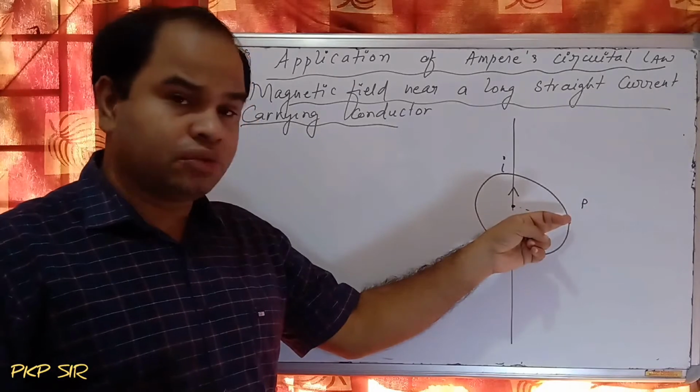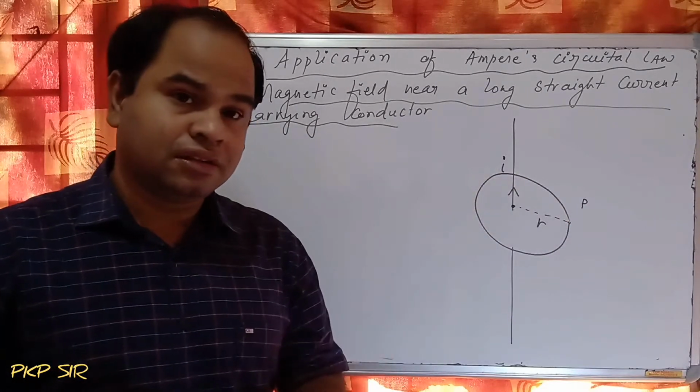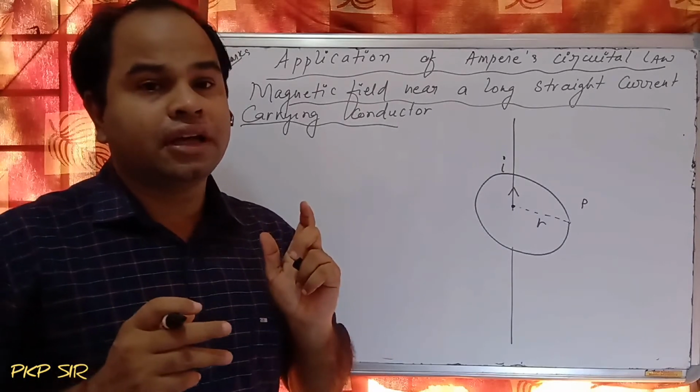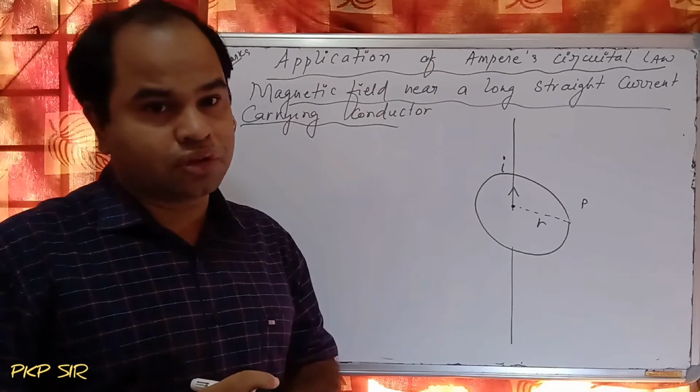So at this point the magnetic field is circular and the Ampere's line or the closed line is also circular.